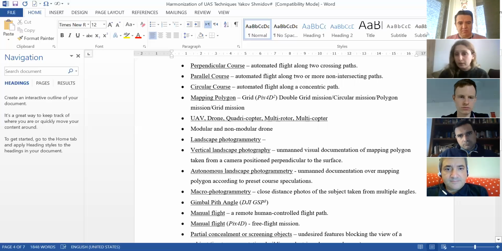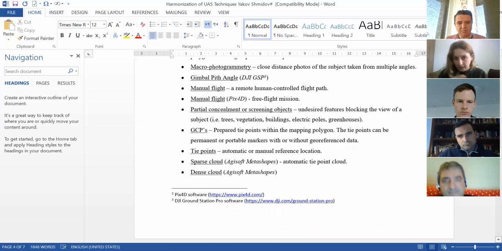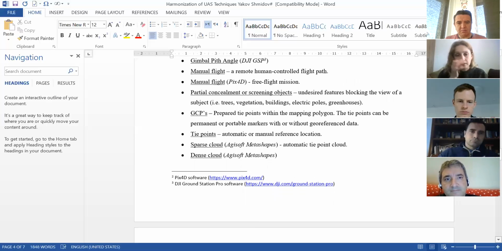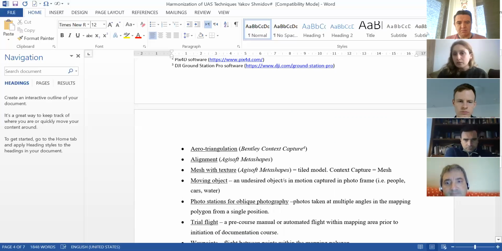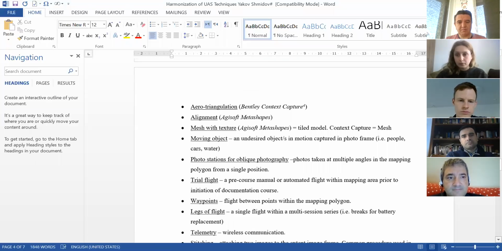So the list is very, very big, but normally it's affected by at least 3 big providers or programs: Agisoft, Pix4D, or also the DJI program, and last but not least, Bentley. So all of them really affect the publications, and we are not guided, but we are also forced, it's a big word, but at least we are following the terminology from these programs.